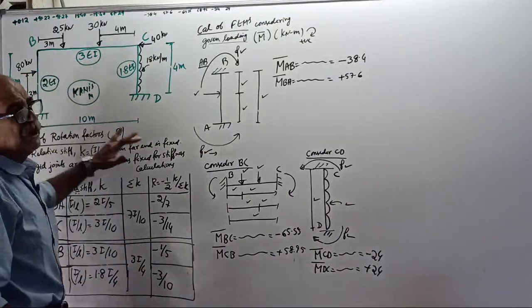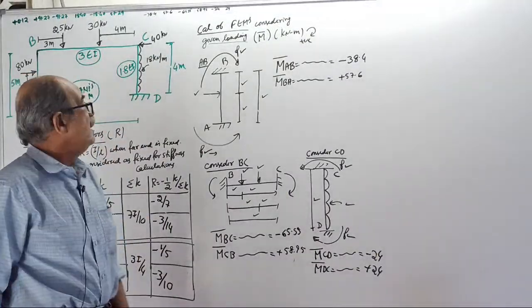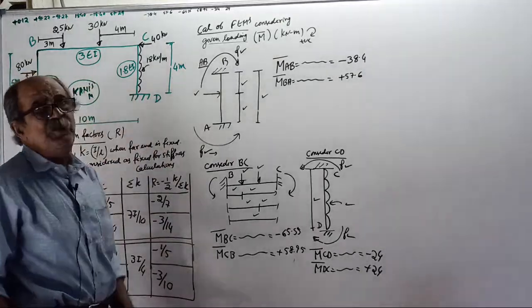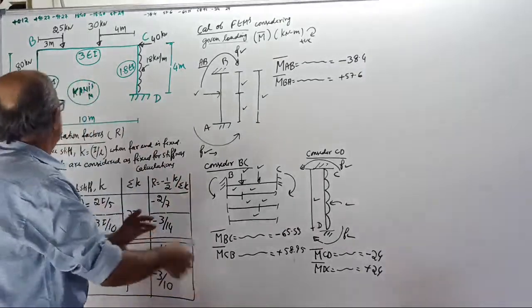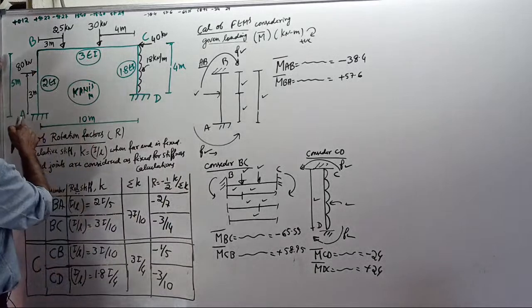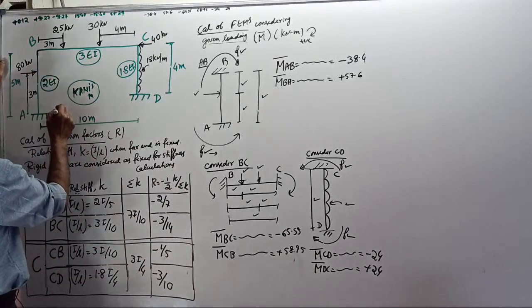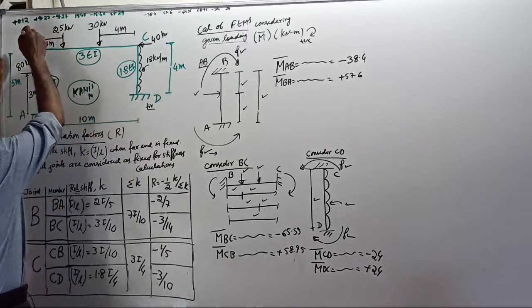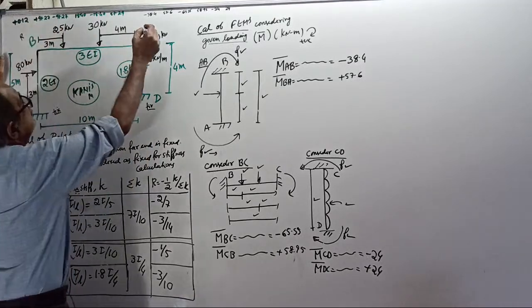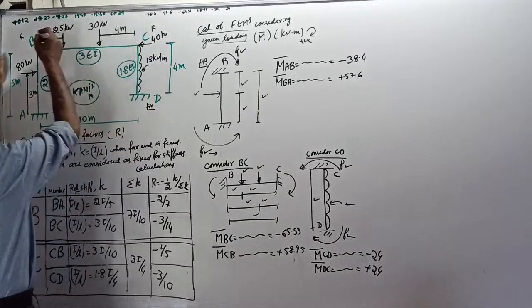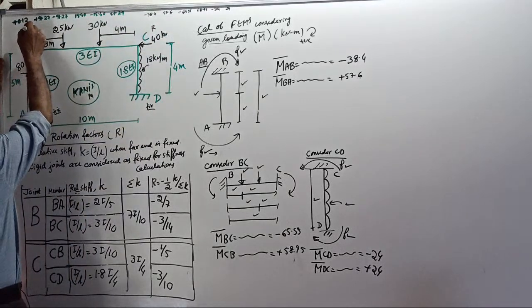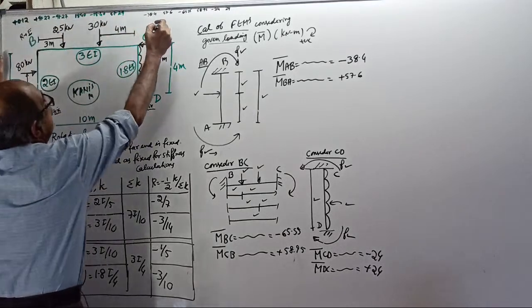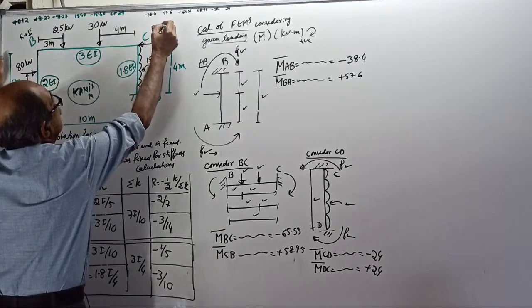First of all, I should not explain. But I want this question to be systematic. Therefore, before that, remember, A is fixed. D also is fixed. B is rigid. C also rigid. I told you, rigid is considered as fixed.